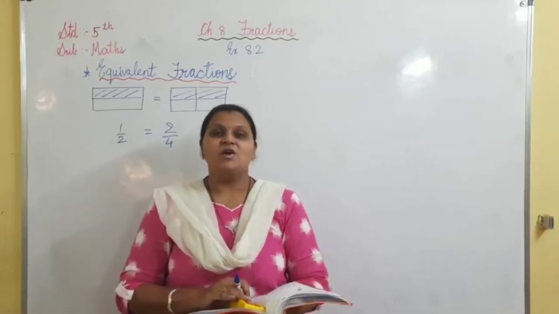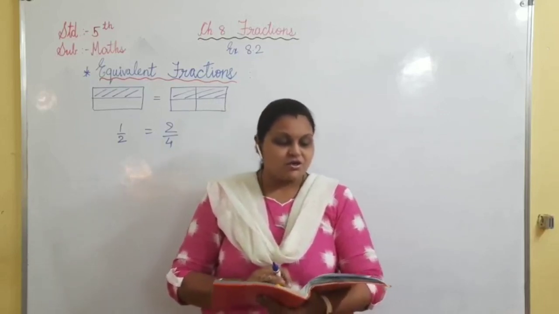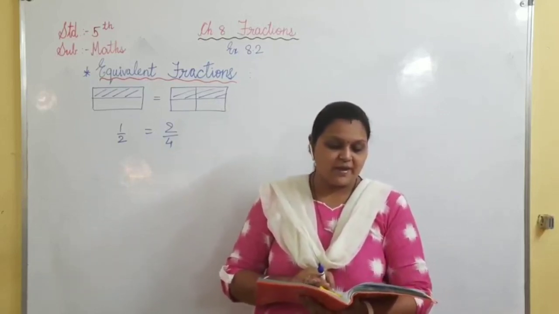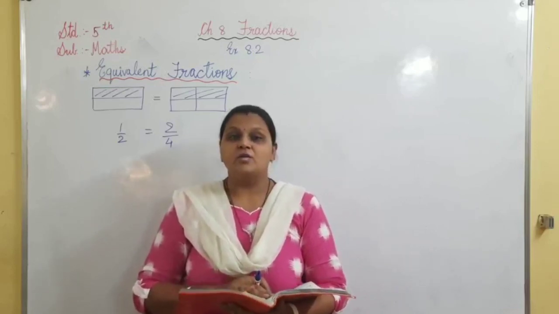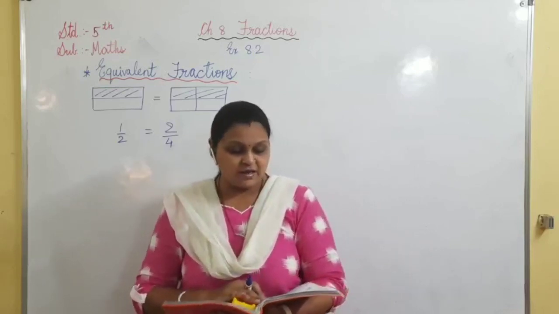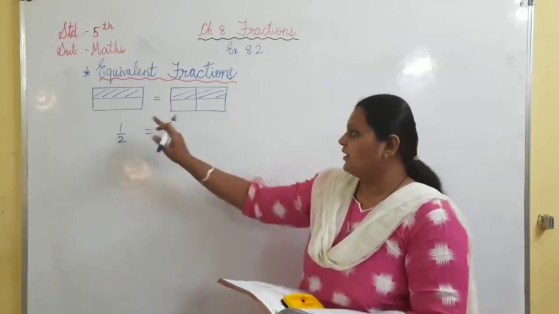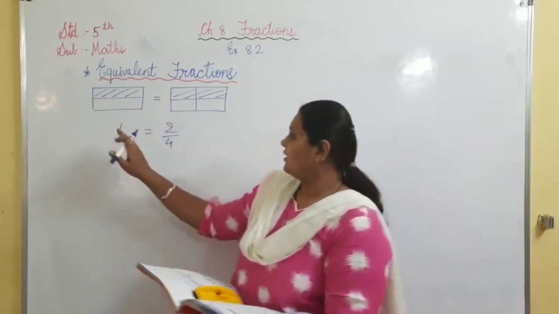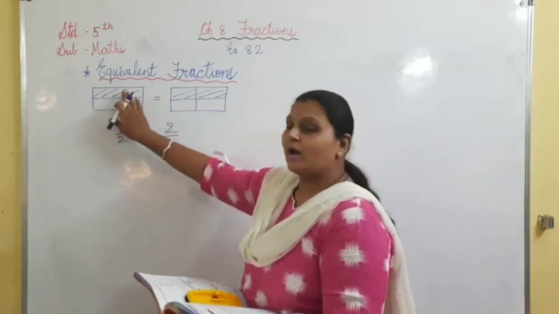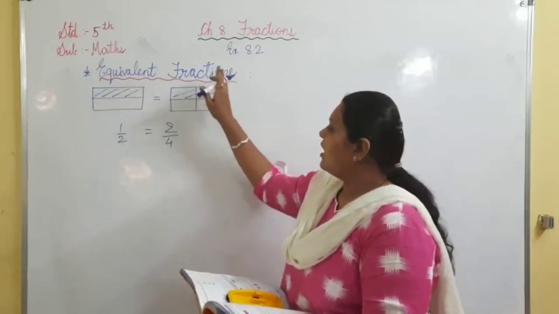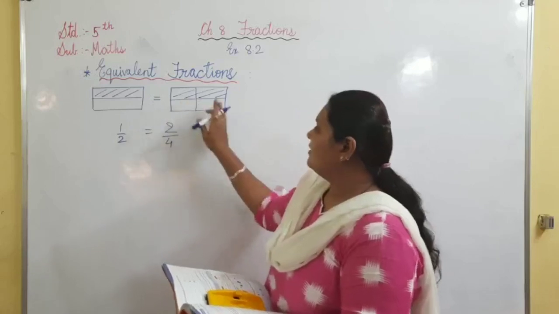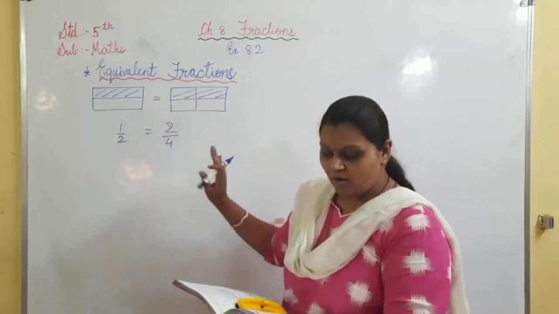Next is equivalent fraction. Two or more fractions that show the same part of the whole are called equivalent fractions. Here, an example of a rectangle is given. This rectangle has 1 part colored, so it is called half. In the same rectangle, 4 parts are made and it is written as 2 upon 4.